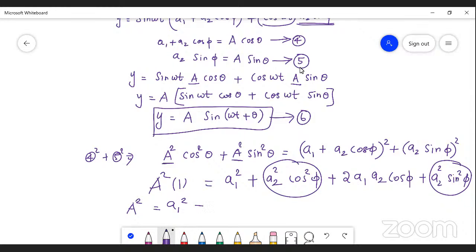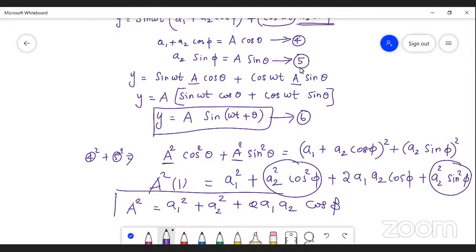So I want to take this as A1 square plus A2 square plus 2A1 A2 cos phi. This is very important.